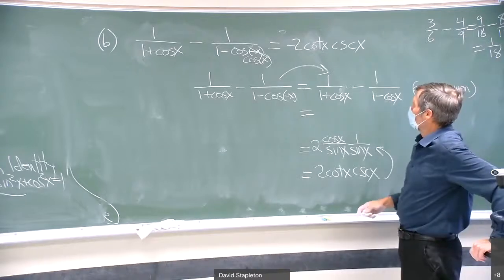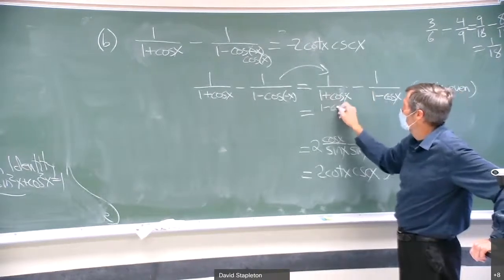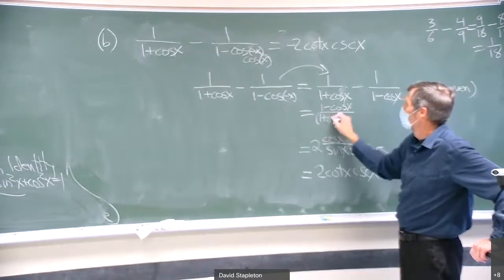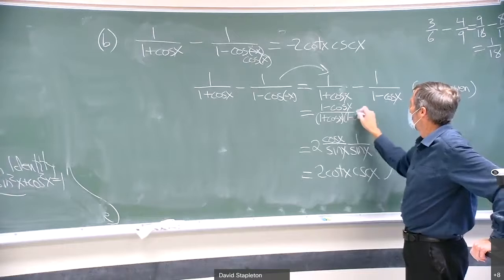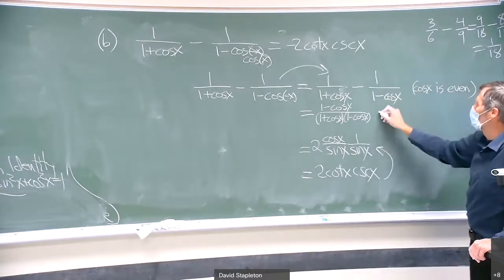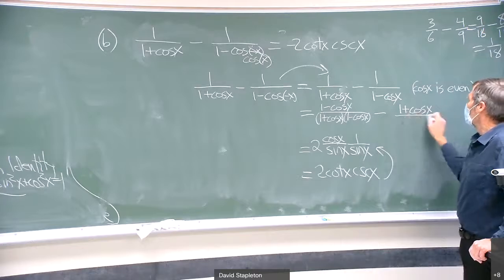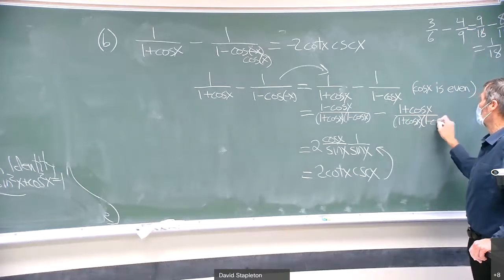We'll do the same thing here when we have a difference of quotients. We'll get a least common denominator. In this case, we'll multiply this one top and bottom by 1 minus cosine x and get this. And we'll multiply this one top and bottom by 1 plus cosine x and get 1 plus cosine x over 1 plus cosine x, 1 minus cosine x.